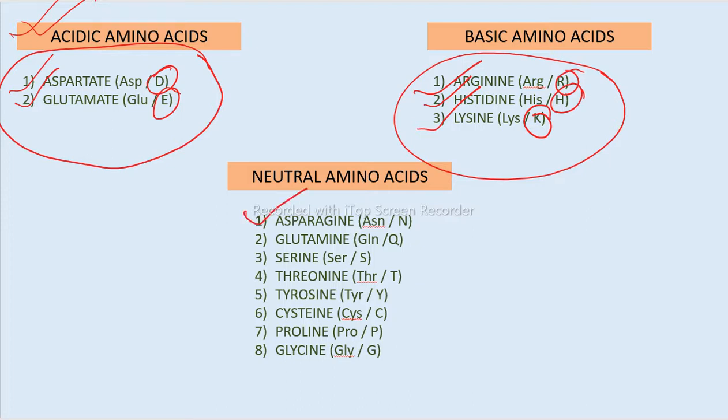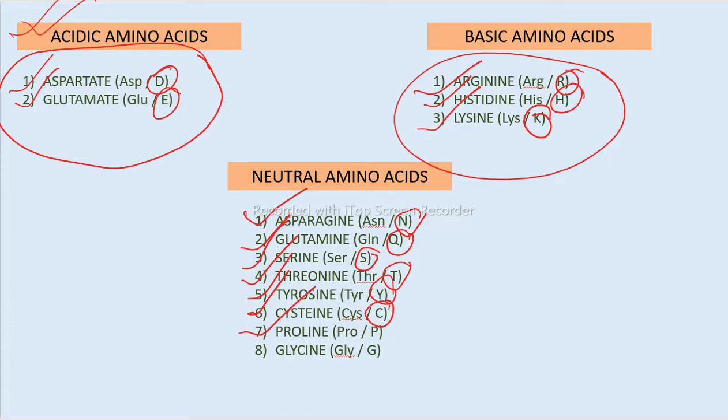Asparagine, represented as N. Glutamine, there's a sound of Q, so it's Q. Serine, it's S. Threonine, it's T. Tyrosine, there's a Y sound, so it's Y. And there's cysteine, that's Z. Cysteine has the sulfur side chain.